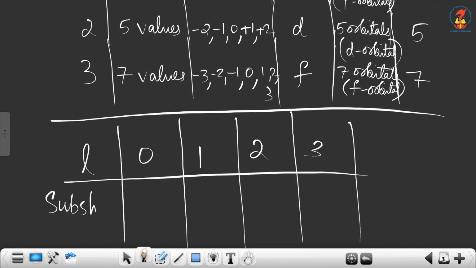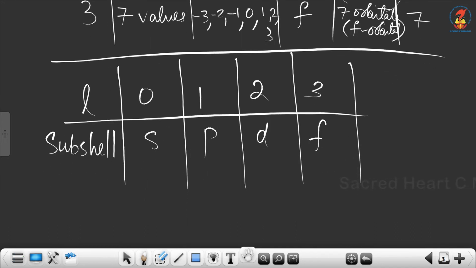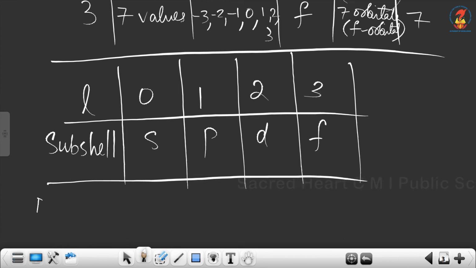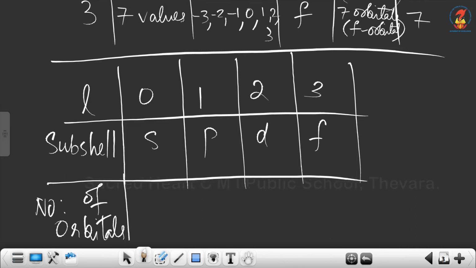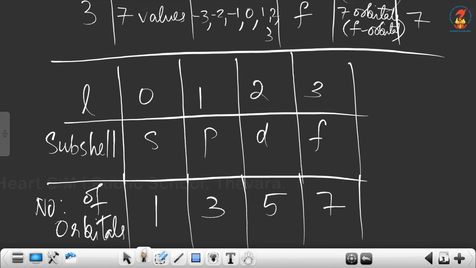We have subshell S, P, D, F, and next we can write the number of orbitals: S has 1, P has 3, D has 5, and the F subshell has 7 orbitals in it.